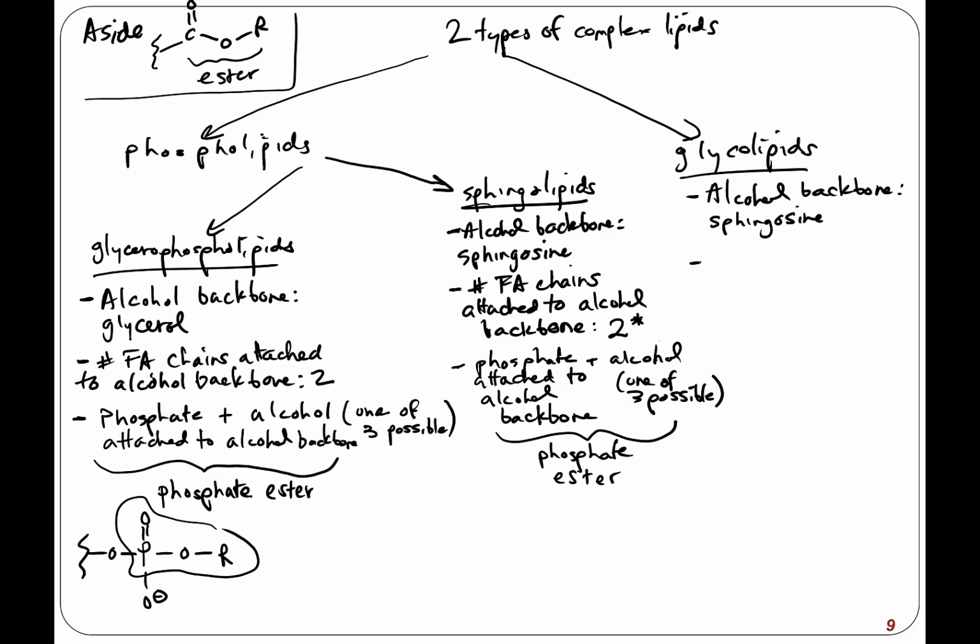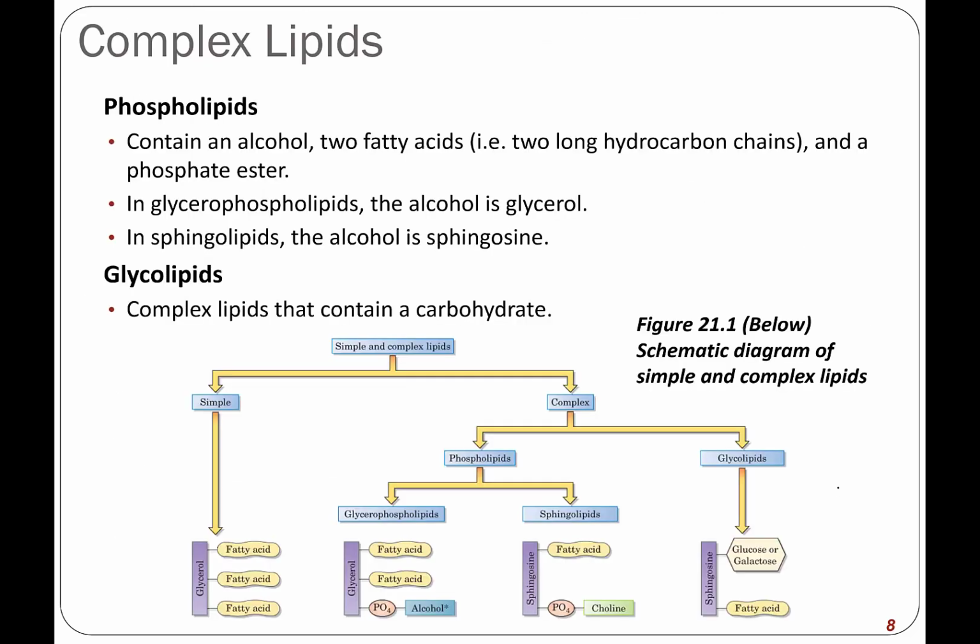And then same thing as the last one, number of fatty acid chains attached to alcohol backbone. We'll again put 2 in this case as well, because it's sphingosine. We'll put a 2 with an asterisk and talk about it.